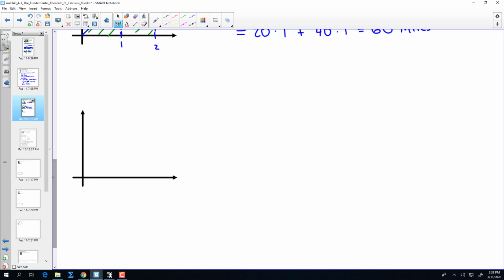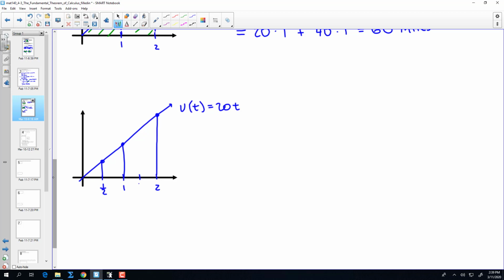So for instance, same velocity equation, so v of t equals 20 times t, and I'll go from 1 hour to 2 hours. Okay, but let's say instead of using just 2 points here for testing, let's say I increase it to 4.